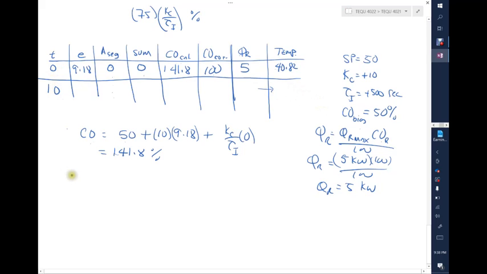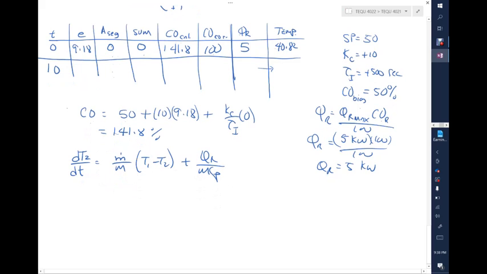If you remember the model, the differential equation for this system was like this. The change of temperature T2 equal m dot over m times T1 minus T2 plus QR over mCp. So that's the equation that you have. Now, that equation has to be on the integral form, and we use Euler for that.